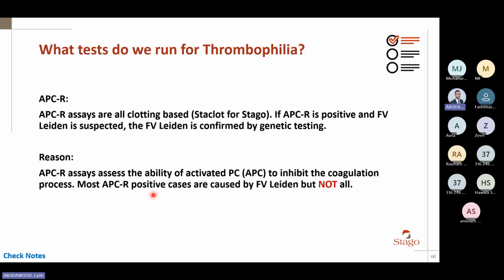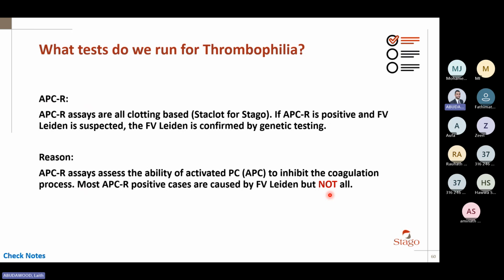Most APCR positive cases are caused by factor 5 Leiden, but not every APCR positive case is a factor 5 Leiden mutation case. If my patient is positive for APCR, that is, their APCR result is abnormal or out of the reference range, that does not necessarily mean that the patient has factor 5 Leiden.